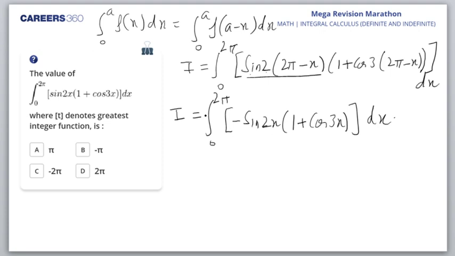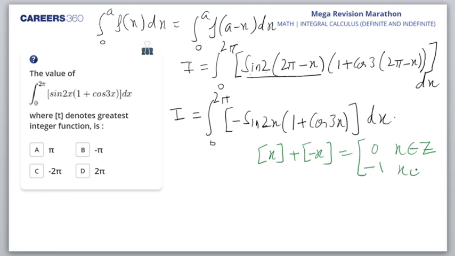Now, I hope you know this concept of the greatest integer function, that greatest integer of x plus greatest integer of minus x is equal to 0 whenever x is an integer, and is equal to minus 1 when x is not an integer. Okay? Everybody know this or not?